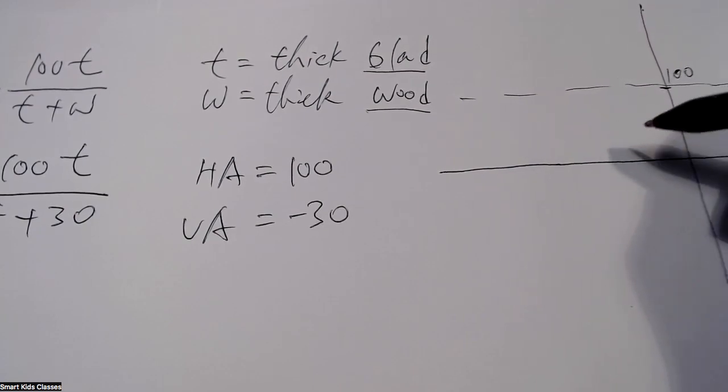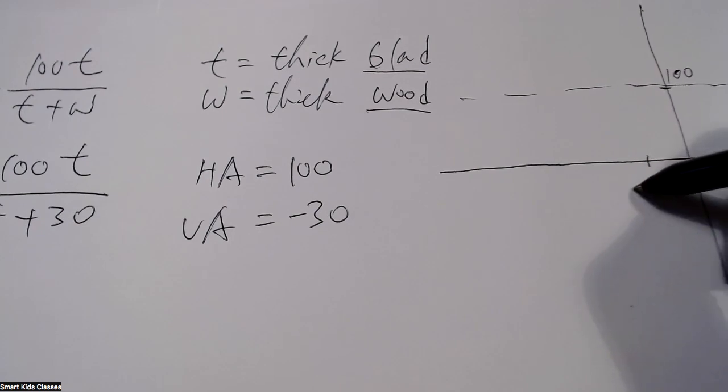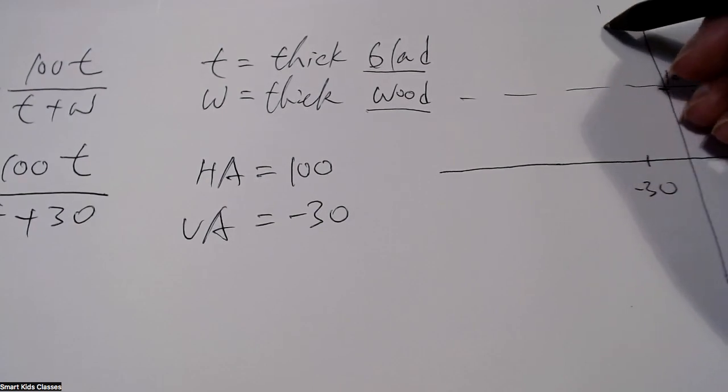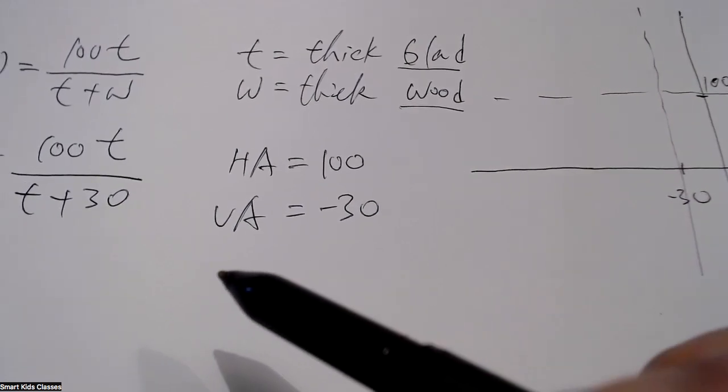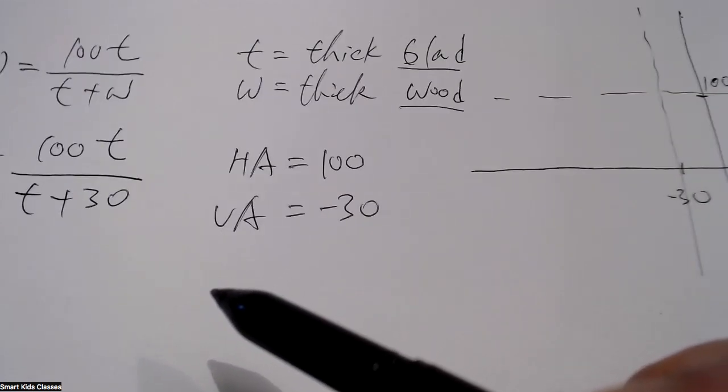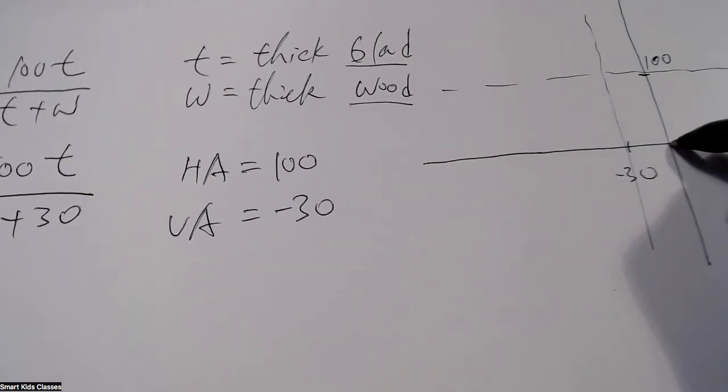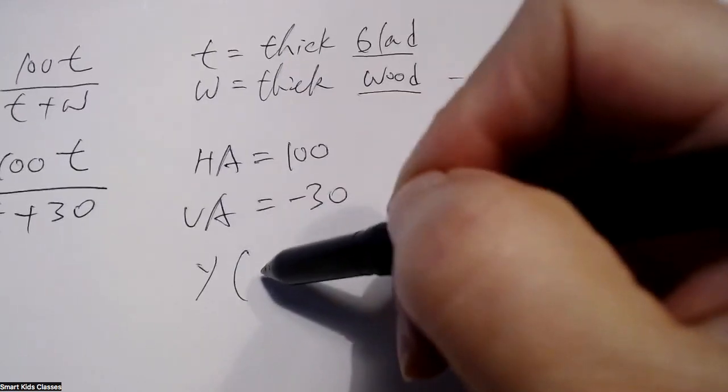So we get a negative 30 here, a vertical asymptote. Now we're going to get the y-intercept: when t equals 0, it will be 0. So the y-intercept.